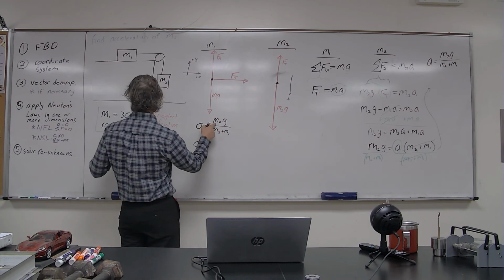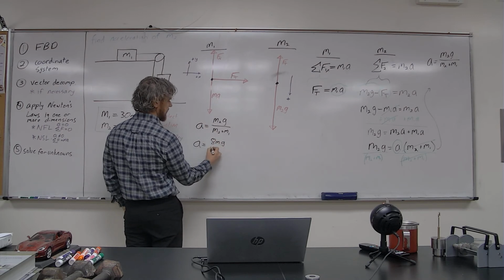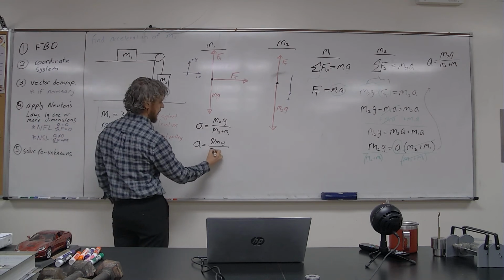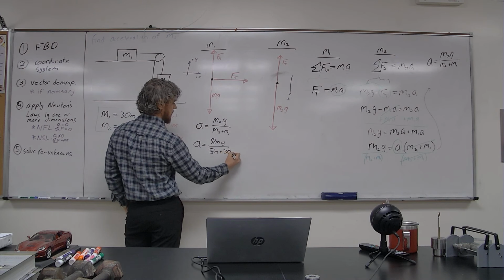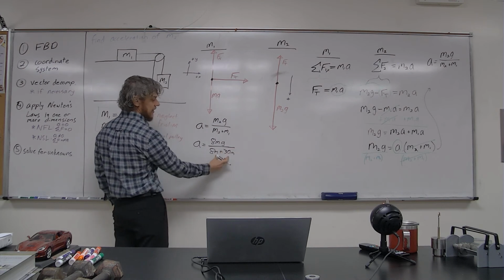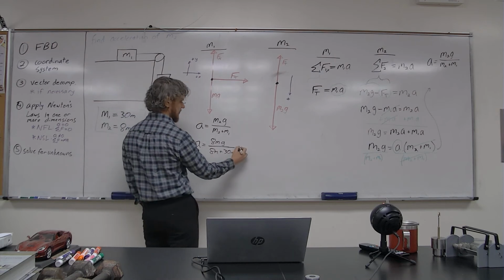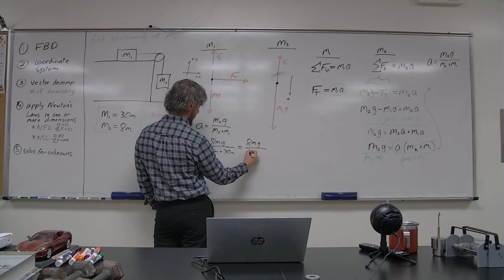So I get 8M times G, divided by M2, which is 8M, plus M1, which is 30M. Well, the denominator here, those are like terms. That's like 8x plus 30x. We can combine those. So I have 8MG over 38M.